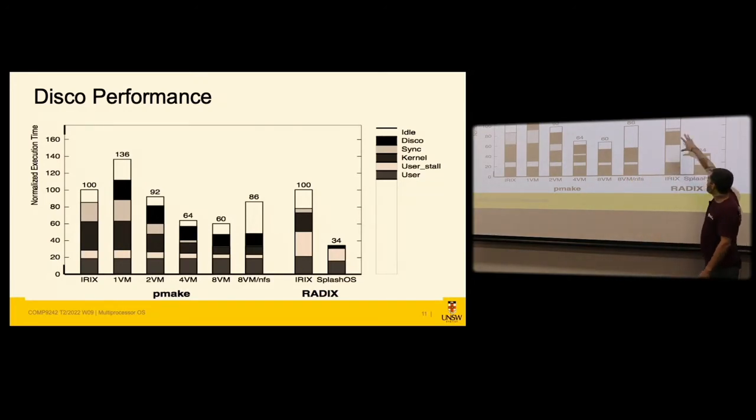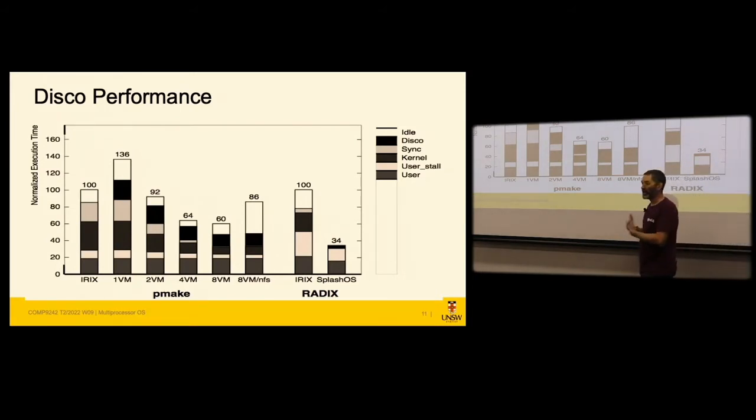Then there's an experiment here where they compare running Splash, which is a high performance computing benchmark suite, on IRIX, so the SMP IRIX, and then on a dedicated operating system for that benchmark suite. And this is running on, I think, a single VM both times, right? Because it's the same cost. And so you can see that having a dedicated OS for your application can help a lot.